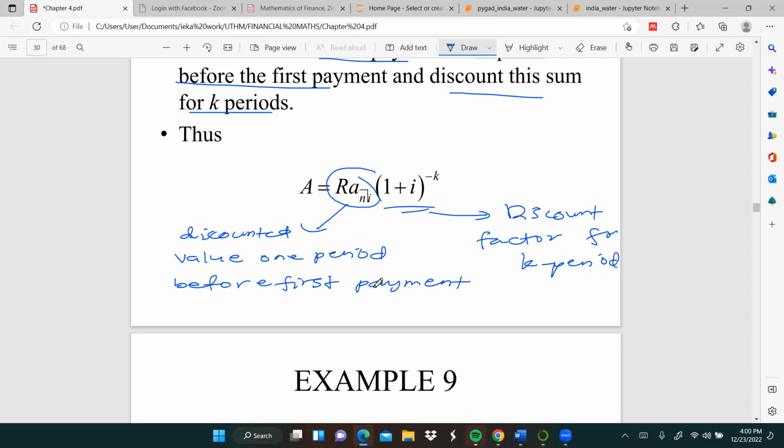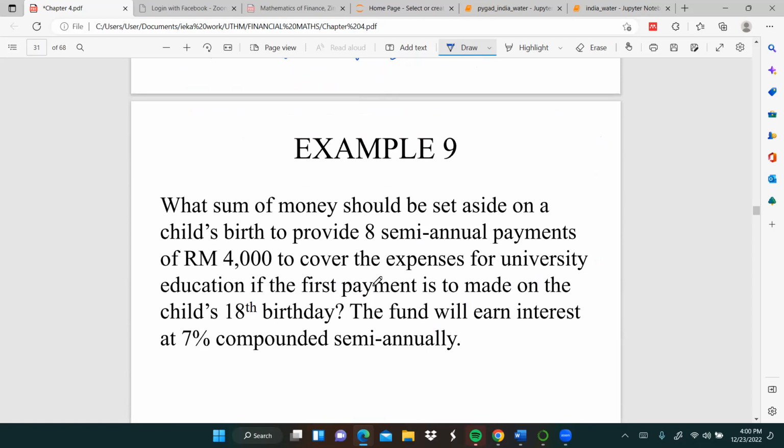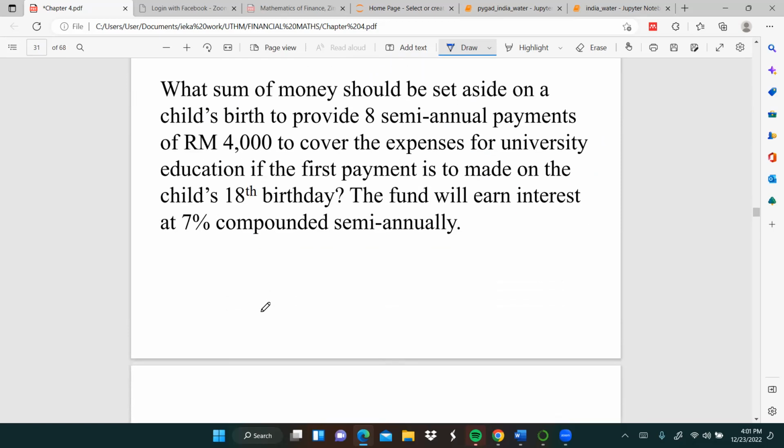Okay, so let's see. What sum of money should be set aside on a child's birth to provide 8 semi-annual payments of 4,000 ringgit to cover the expenses for university education? If the first payment is to be made on the 18th birthday, the fund will earn interest at 7% compounded semi-annually.